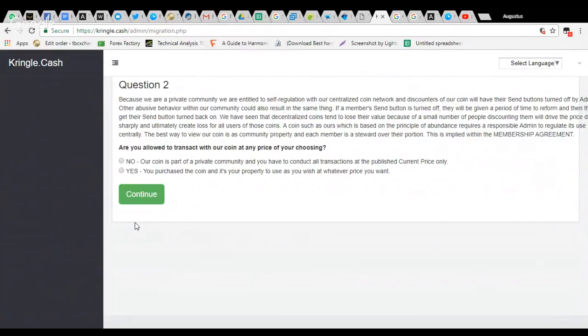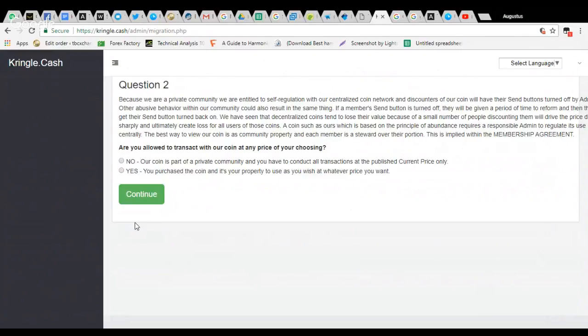We have seen that decentralized coins tend to lose their values because a small number of people discounting them will drive the price of the coin down sharply and ultimately create loss for all users of the coin. A coin such as ours, which is based on the principle of abundance, requires responsible admin to regulate its use centrally.